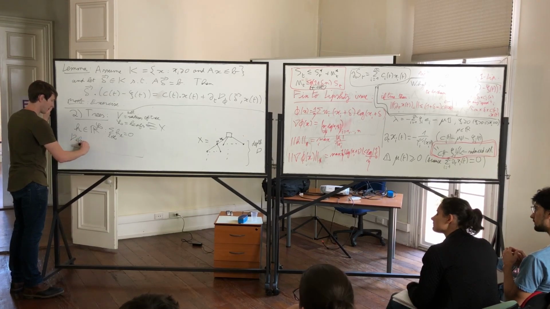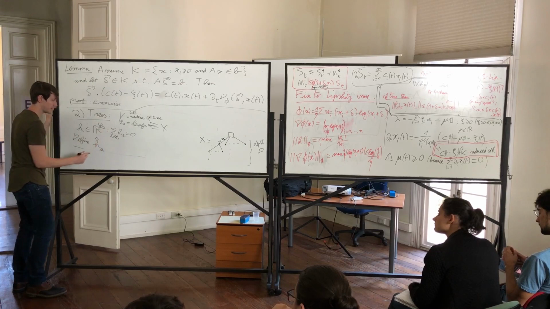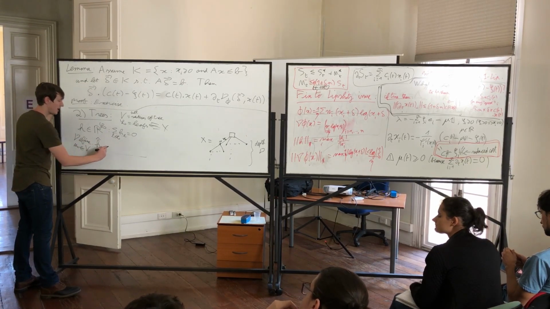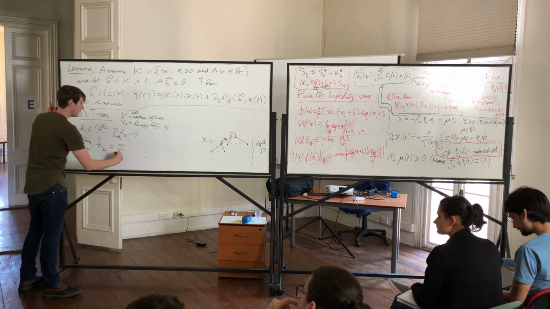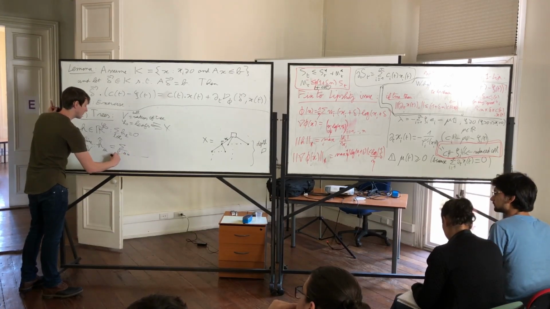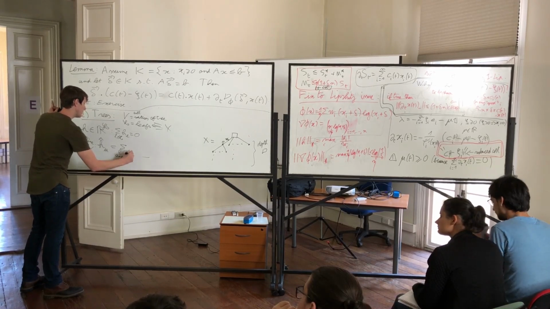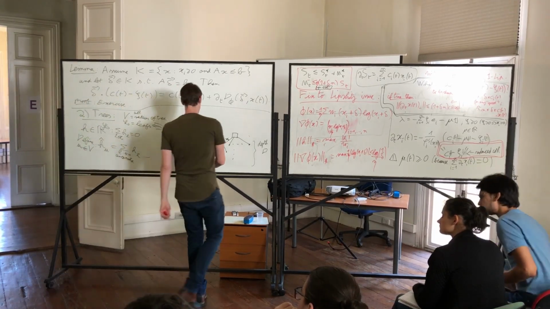Define, for U in V, H hat of U, which is just the sum over all the leaves l such that U is an ancestor, of H_l.